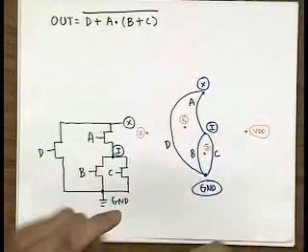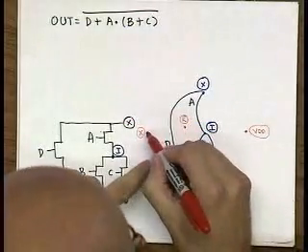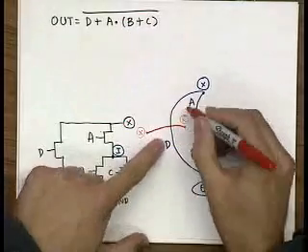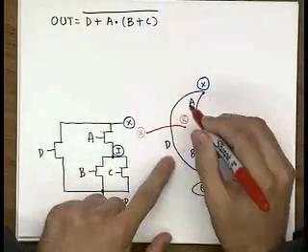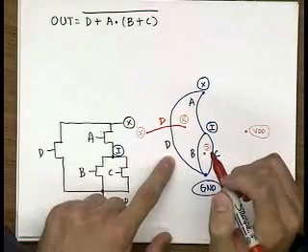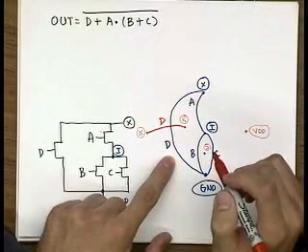Okay? So basically, if I connect X and K, I will cross this edge with signal D over here. So this would be one transistor in the pull-up network.